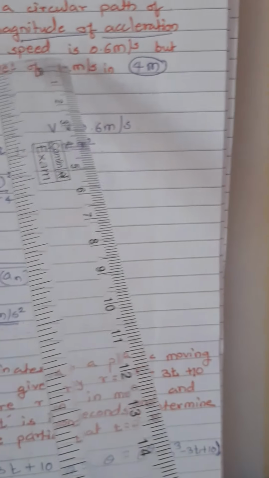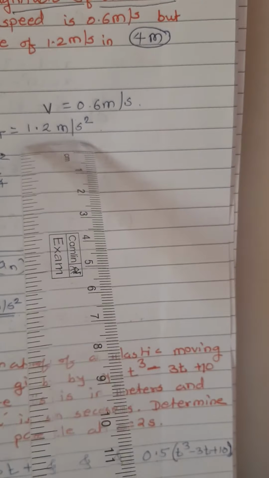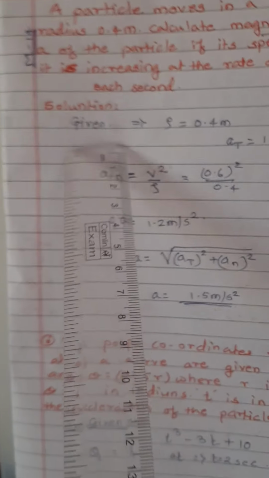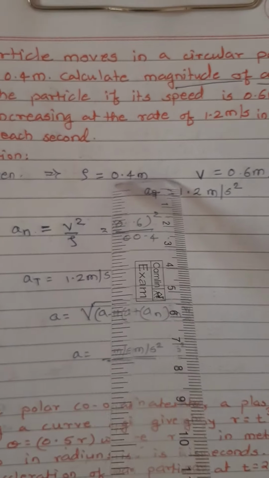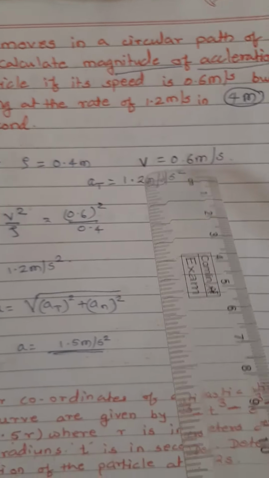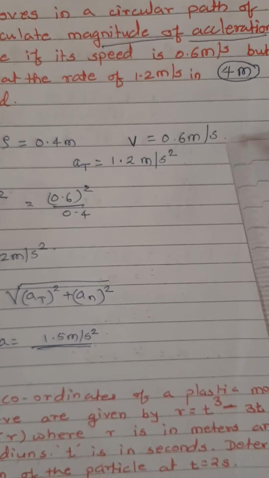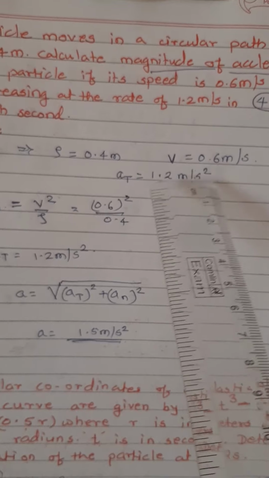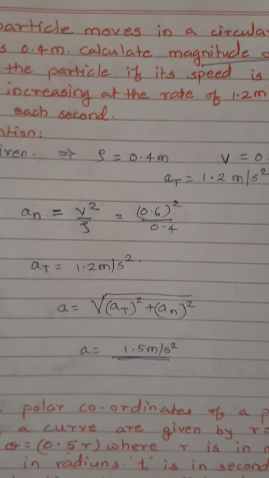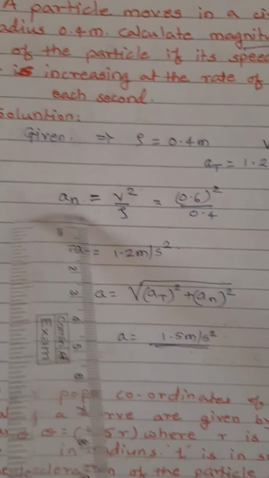Second means second square, and therefore it is 1.2 meters per second square. So the solution: rho is equal to 0.4 meters, magnitude of velocity is 0.6 meters per second, and at is 1.2 meters per second square. We know the formula for an.